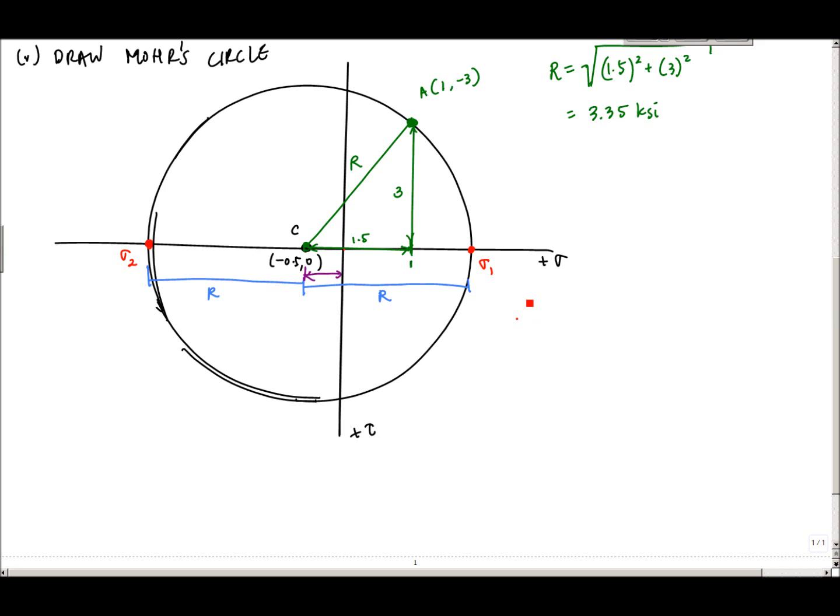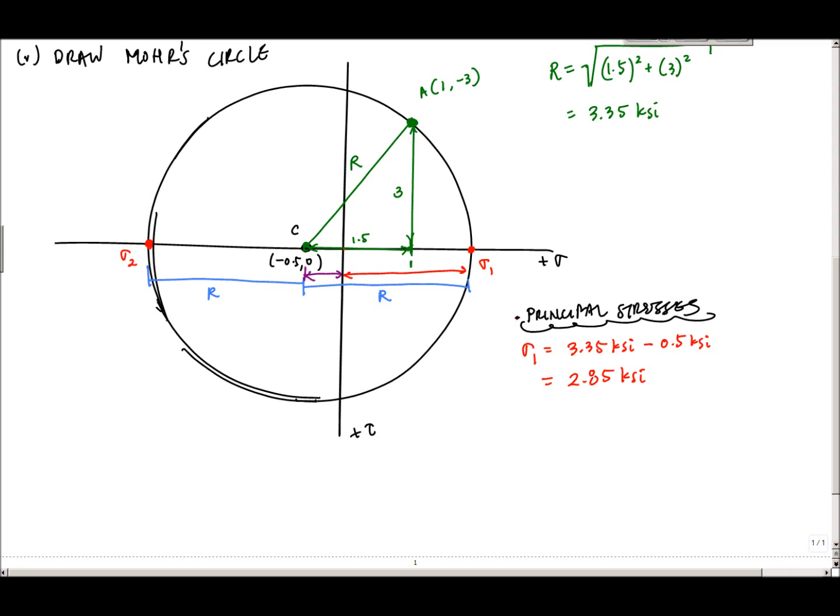Let me do the principal stresses over here. You can read that. Principal stresses right here. And here, sigma 1 is just R, which is 3.35 KSI, minus this distance right here. It's 3.35 KSI minus 0.5 KSI, which is 2.85 KSI. Yes, I think that's right. 2.85 KSI right there.